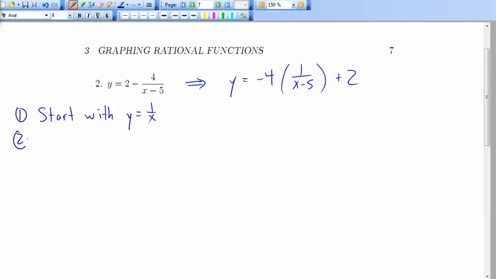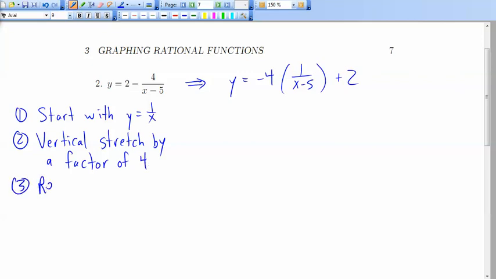Then we're going to have a vertical stretch by a factor of 4, but that multiplier is a negative 4, so we're also going to get a reflection about the x-axis.